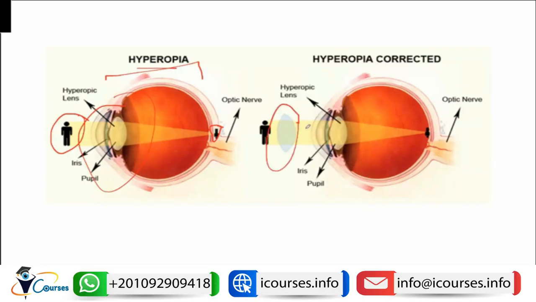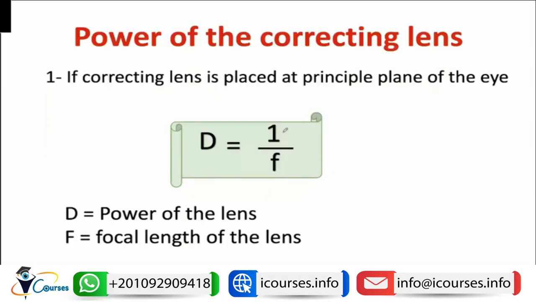This convex lens will cause more convergence, so it can be considered an aid. It can aid the eye in converging the light rays to place them in focus on the retina. The focal length of this lens will be equal to the punctum remotum of the eye, so the f2 of this lens will coincide with the punctum remotum of the eye.